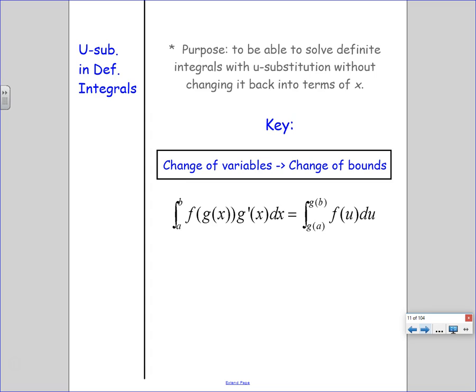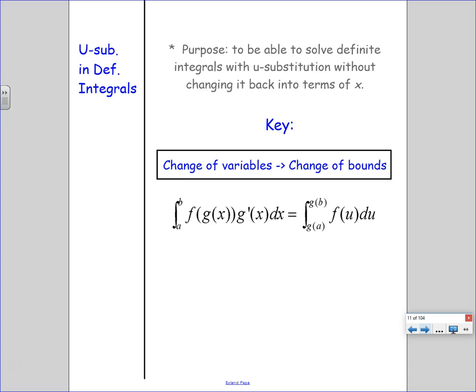Why is that? Remember how when we do u sub, we have to make sure everything changes? The function has to be entirely in terms of u. The differential has to be of u. All x's need to be substituted out. We need everything in terms of u.